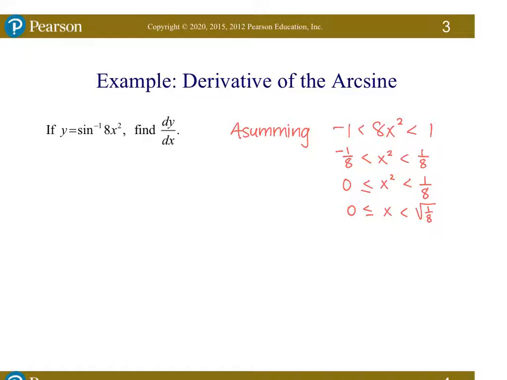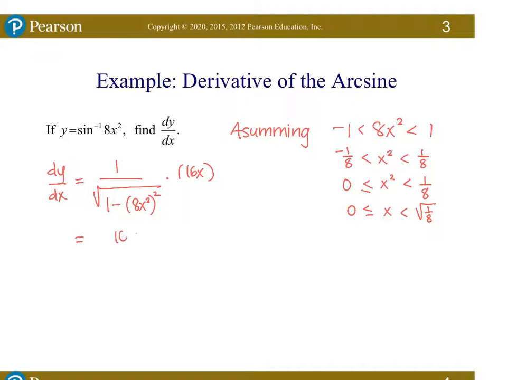All right, so back to finding the derivative. dy dx would be 1 over the square root of 1 minus the quantity 8x squared, quantity squared, and then times the chain rule on 8x squared, which would be times 16x.